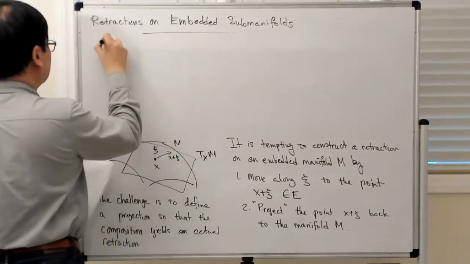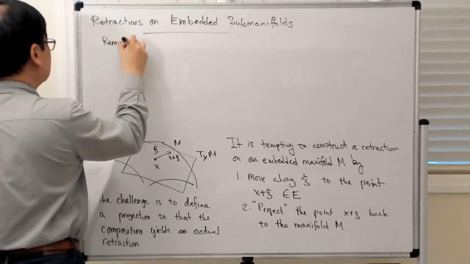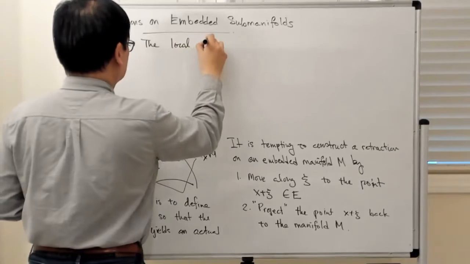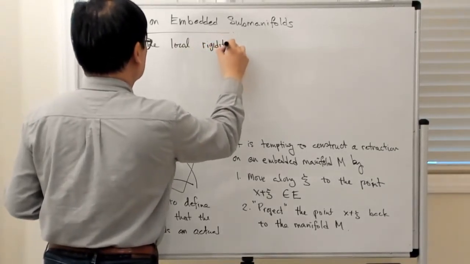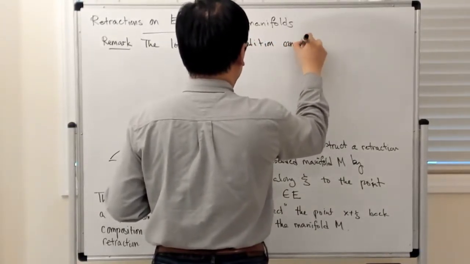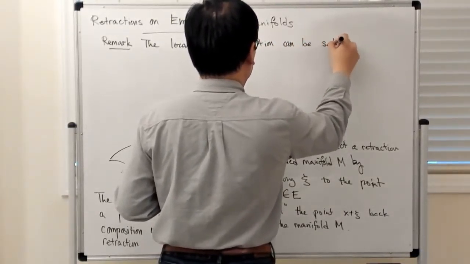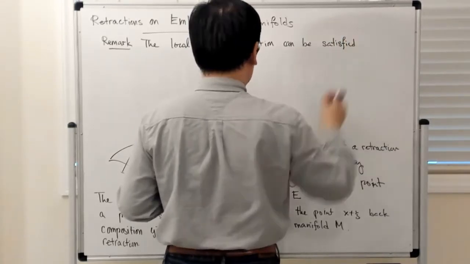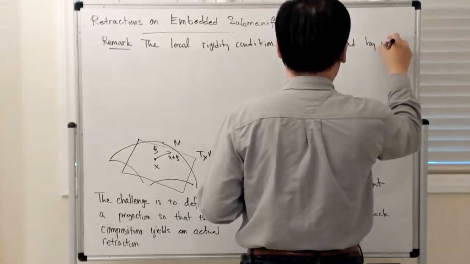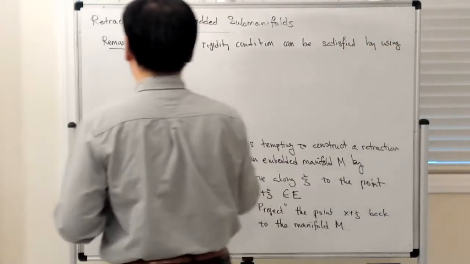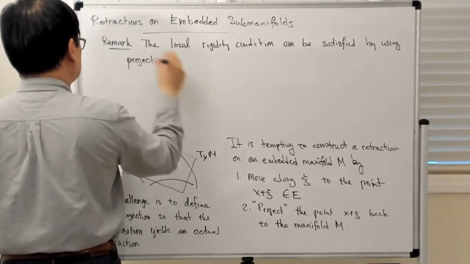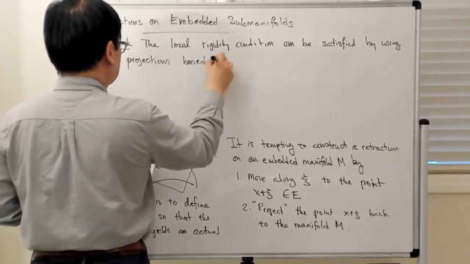The remark is that the second condition, the local rigidity condition, can be satisfied by using projections based on matrix decompositions.